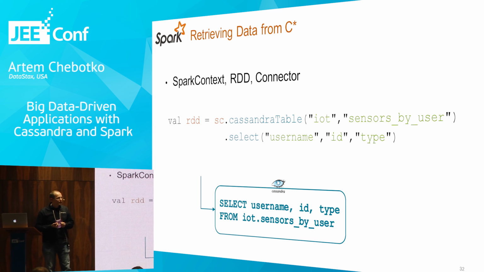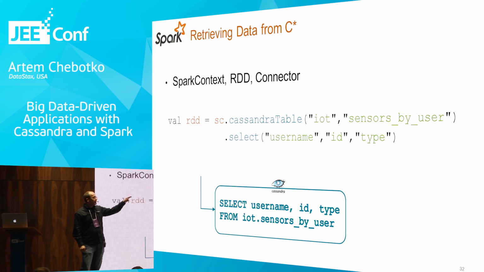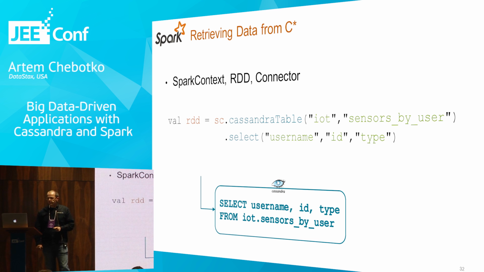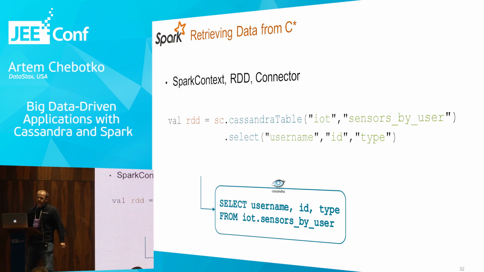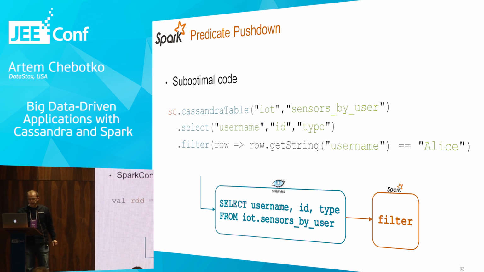You just specify the master node you connect to and some configuration, and you can create it. But the API here is the Spark Cassandra Connector API. It's not really the Spark API. So I'm reading from this table and selecting these 3 columns. Internally, it's going to result in this CQL query where we're selecting the 3 columns from this table in a given keyspace.